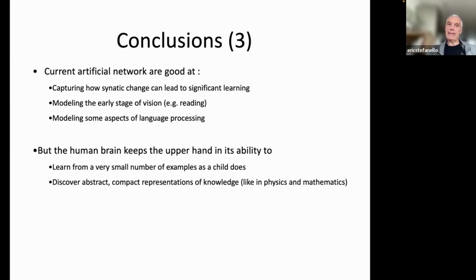And AIs are very bad at discovering abstract, compact representations of knowledge. In other words, they are very bad at modeling the world. And if someday new architectures of AIs are able to do that, then we will be very close to what we call AGI, artificial general intelligence. And remember that our brain is only a 20-watt machine.